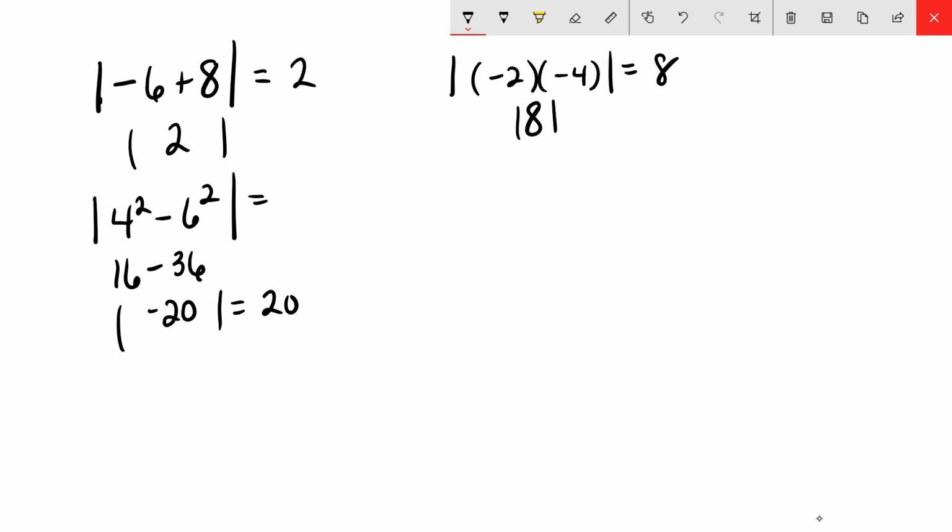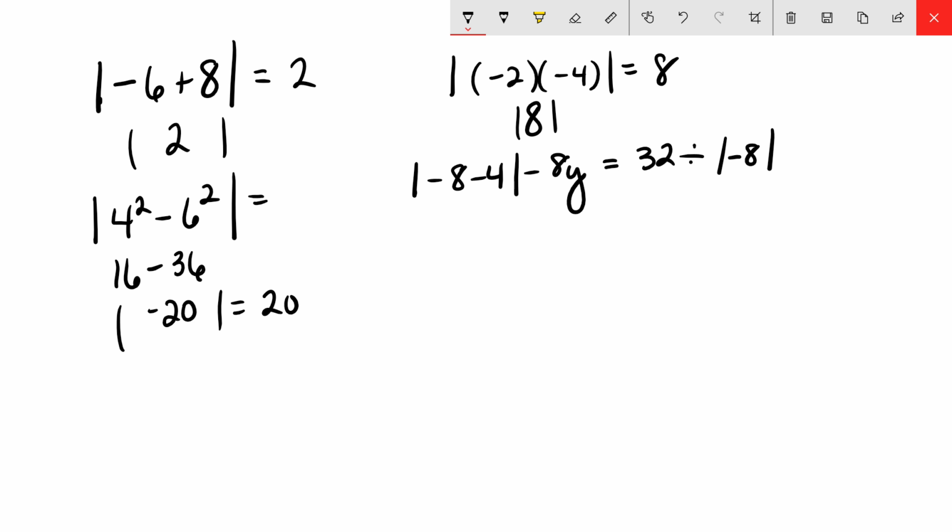Here's another one for you. Absolute value of -8 - 4, minus 8y equals 32 divided by the absolute value of -8. Go ahead and solve that for me.